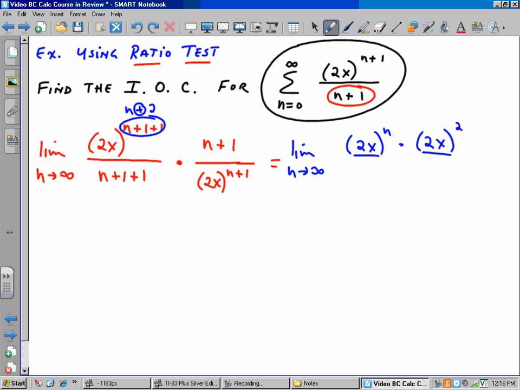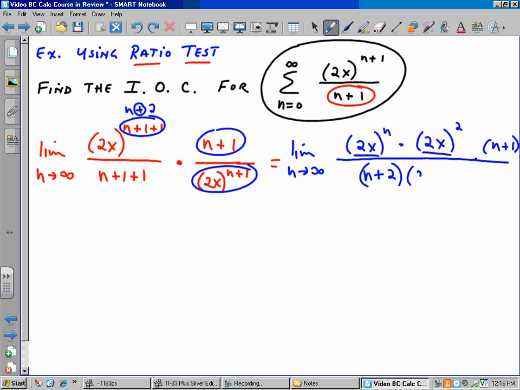So you're always going to see this happen here, and you'll see it happen here as well. Then we've still got an n plus 1, and this is all over n plus 2 times 2x to the n times 2x to the first power.